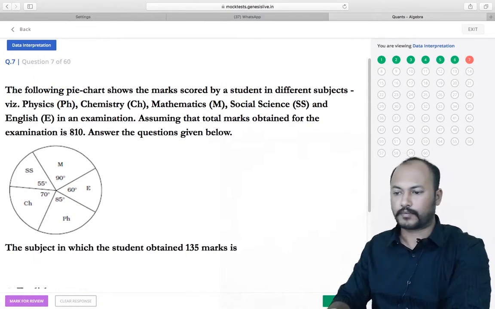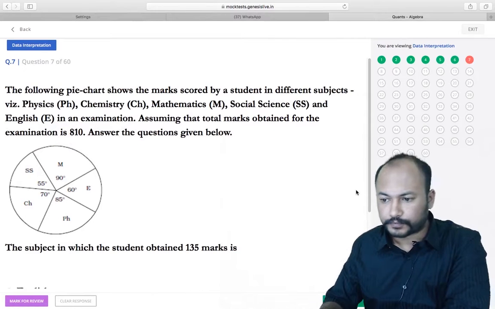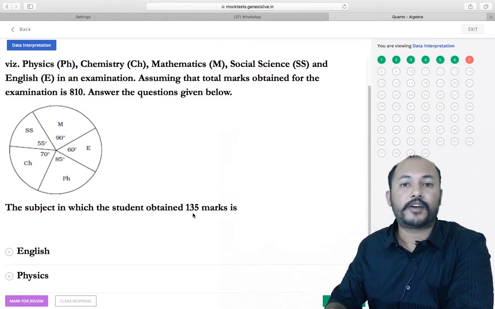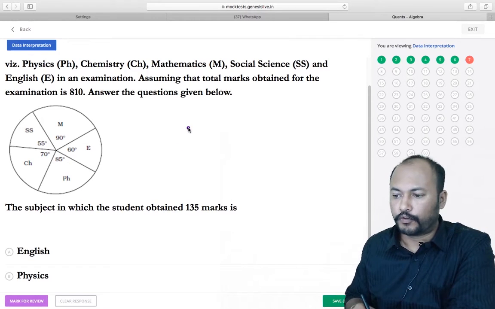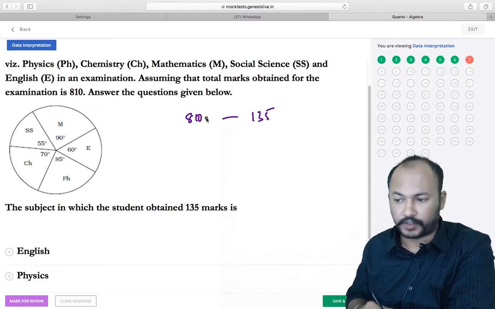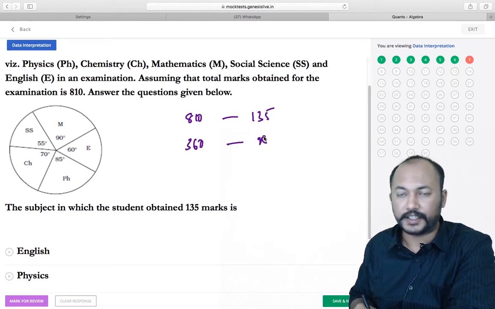Next one. Question number 7. Question is the subject in which the student obtained 135 marks. Okay, so for 810, he has scored 135 marks. Then everything is in terms of degree. Total degree is how much? 360 degree. So let's find out what's the degree that we're talking about.